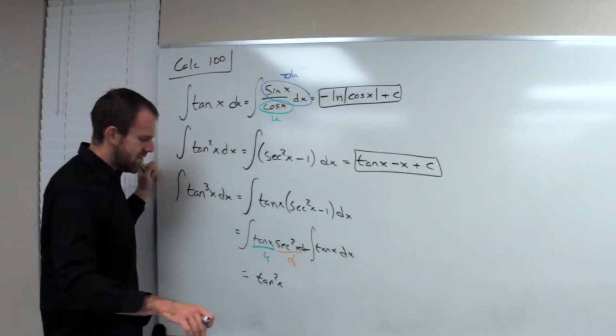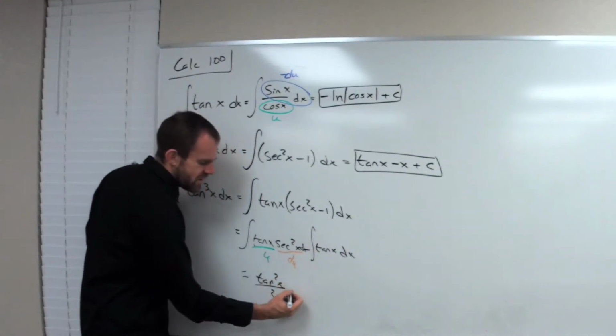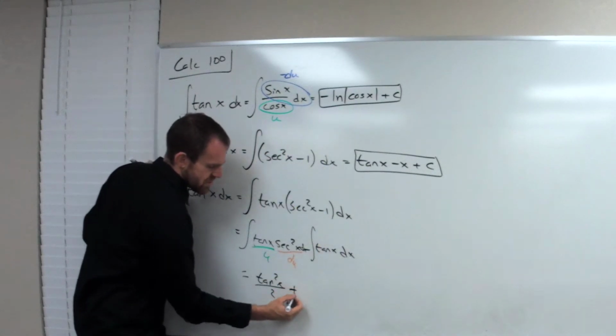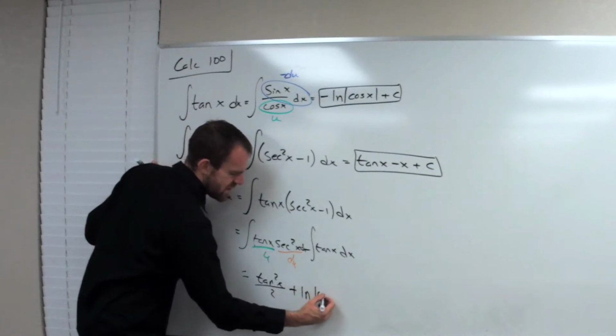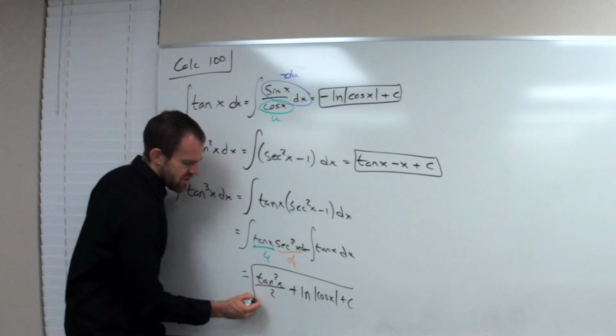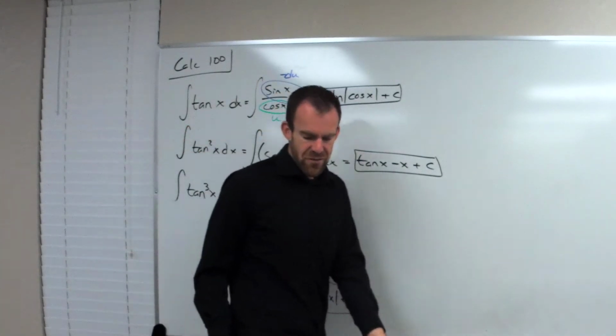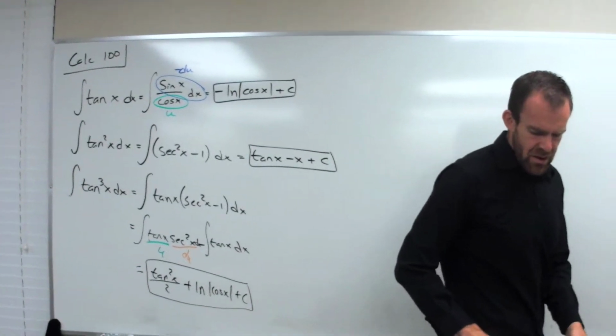Oh dear, I didn't. Tangent squared over 2, there we go, minus that thing, which will give me a plus ln of cosine of x plus c. So that's our tangent cubed. Pretty straightforward stuff, I would say.